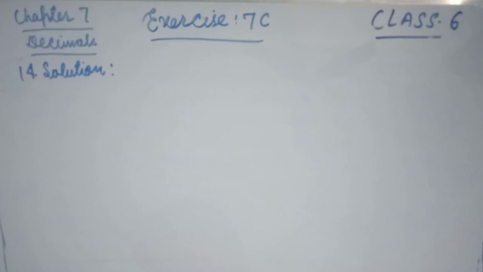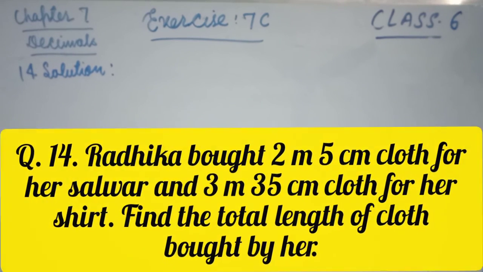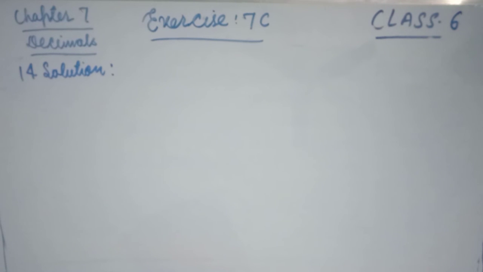Okay, now see question number 14. The same question number 14 says Radhika bought 2 meter and 5 centimeter cloth for her salwar and 3 meter 35 centimeter cloth for her shirt. Find the total length of the cloth bought by her. So friends, one thing here is the total, means we have to add.